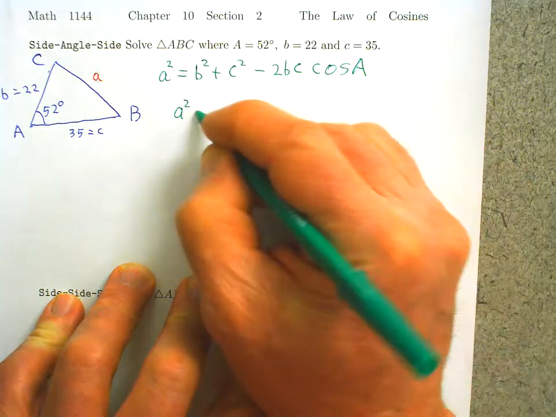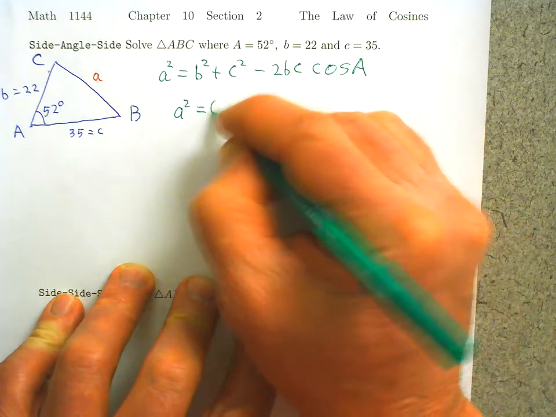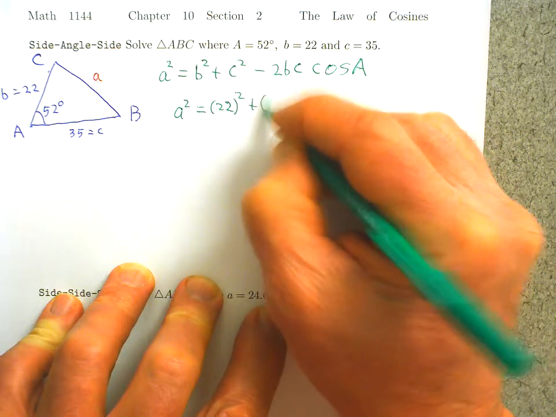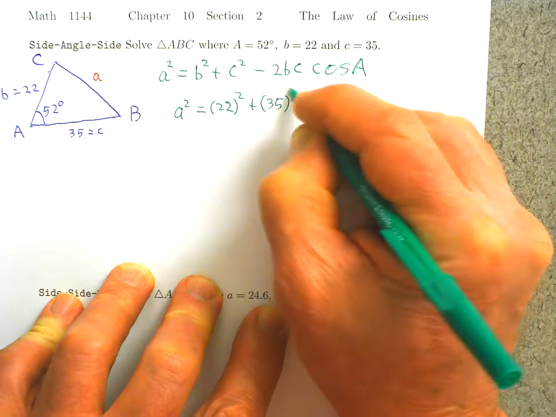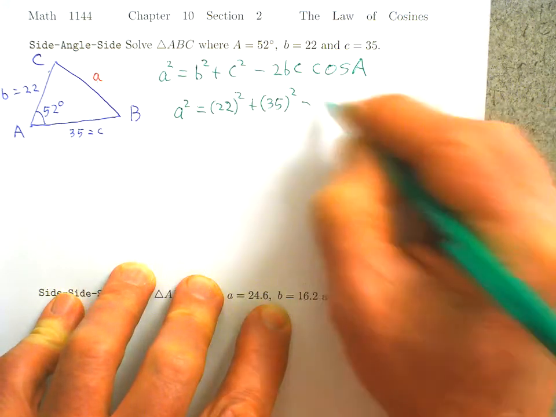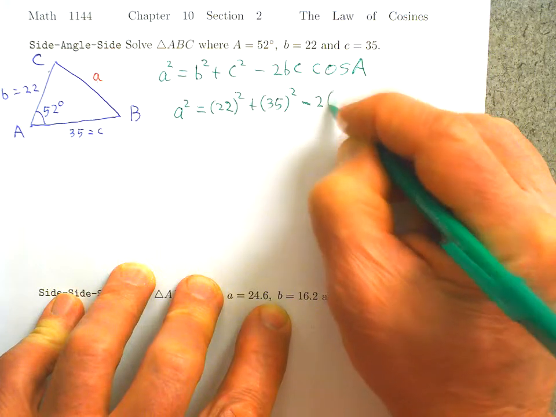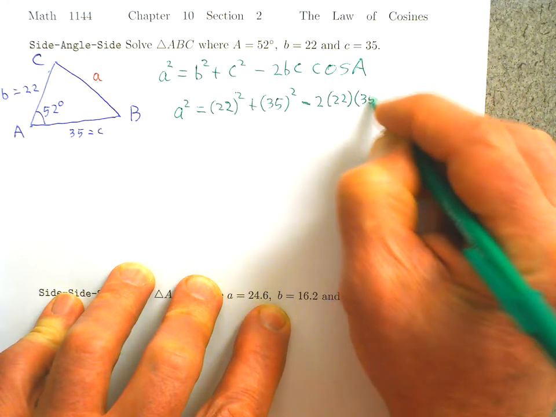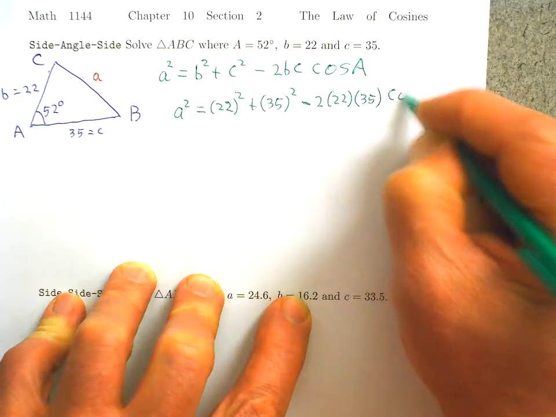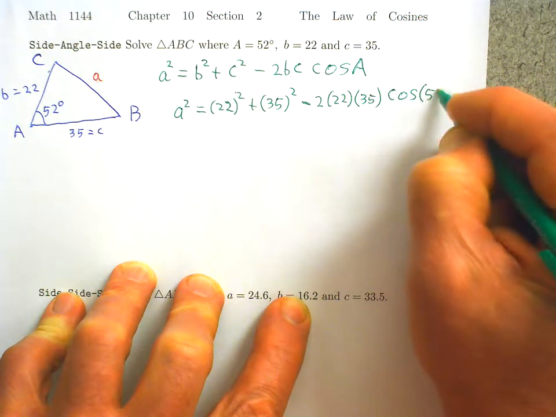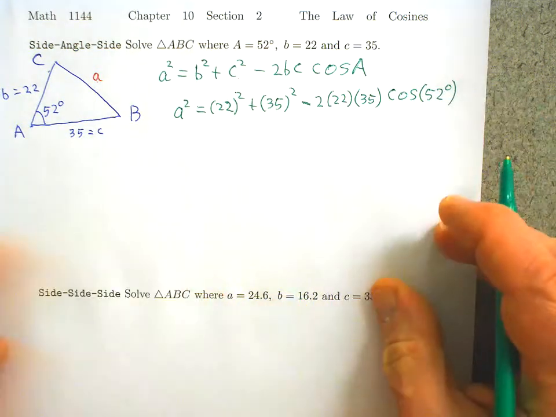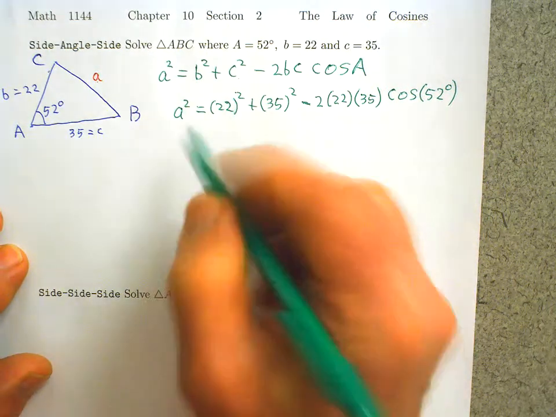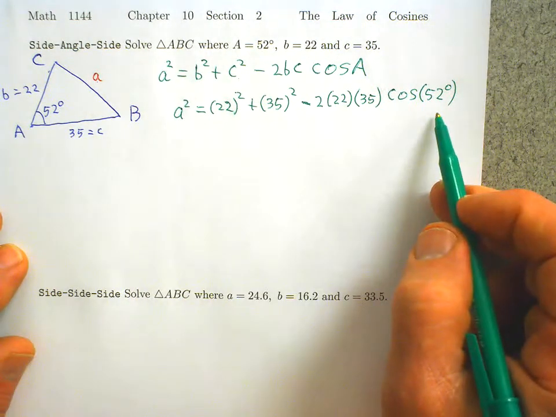So a squared is equal to 22 squared plus 35 squared minus 2 times 22 times 35 times the cosine of 52 degrees. Okay, then a is just the square root of all of that.